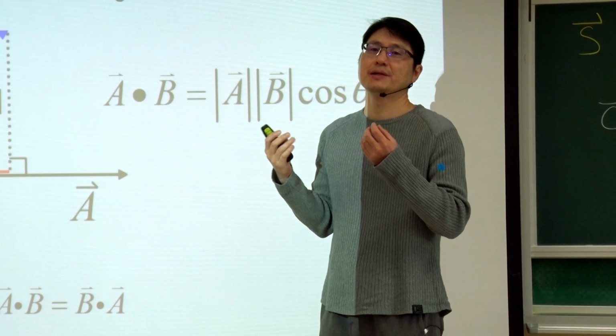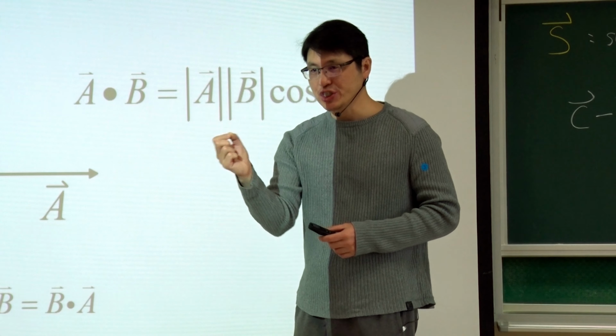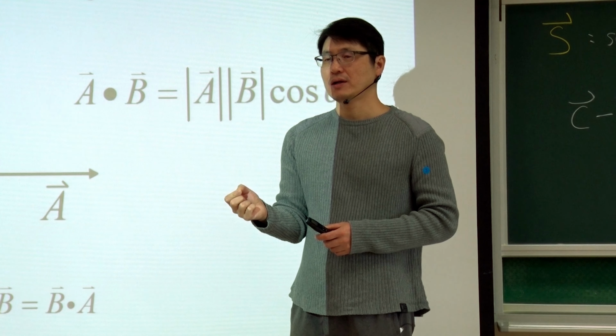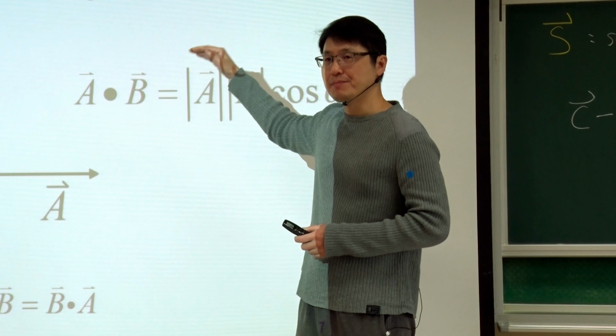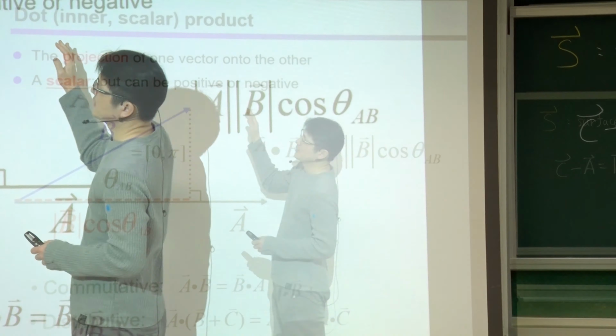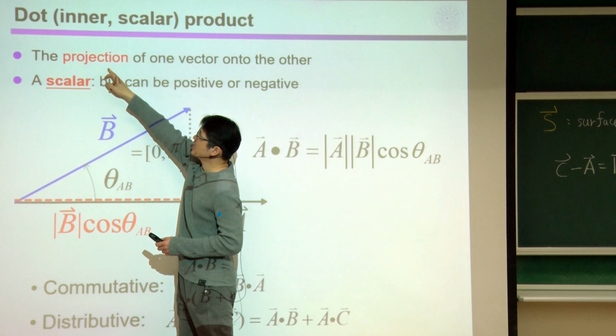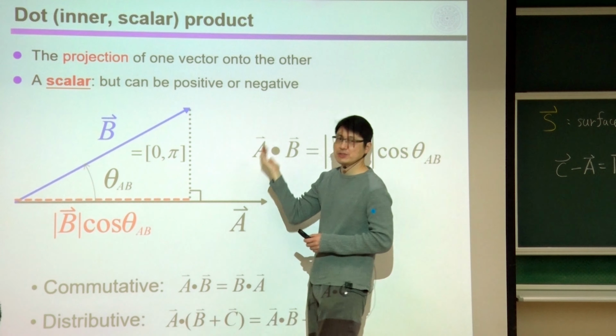So we're not here to learn mathematical derivation, we're here to learn what messages are hidden behind the math. Okay? So the dot product, or the inner product, actually means the projection of one vector onto the other.